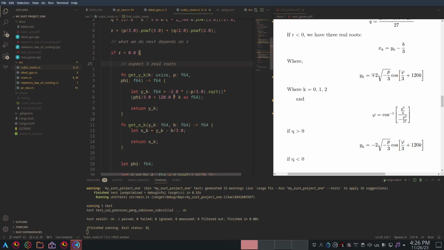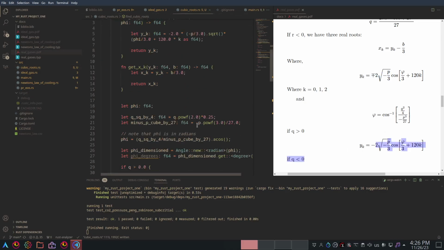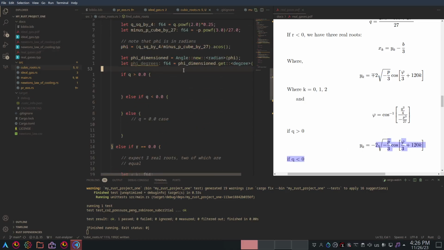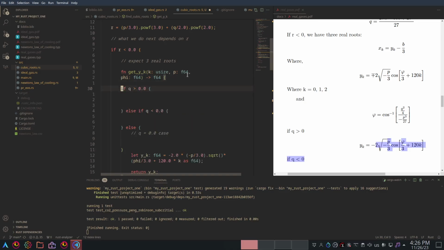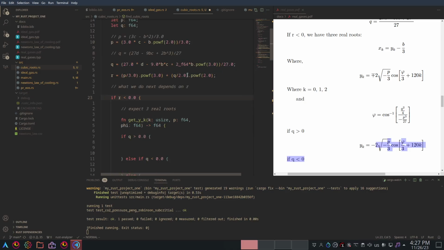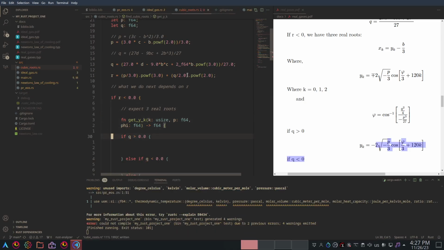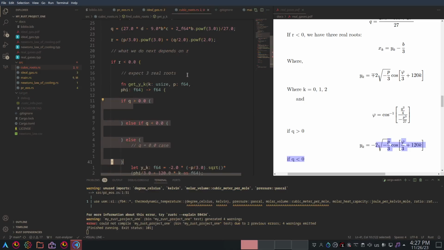All right. Now, again, yk really depends on the sign of q. So I'm going to bring all of this into the function, so I don't have the if-else statement that I need to repeat all the time. So yk actually needs a q value as well.